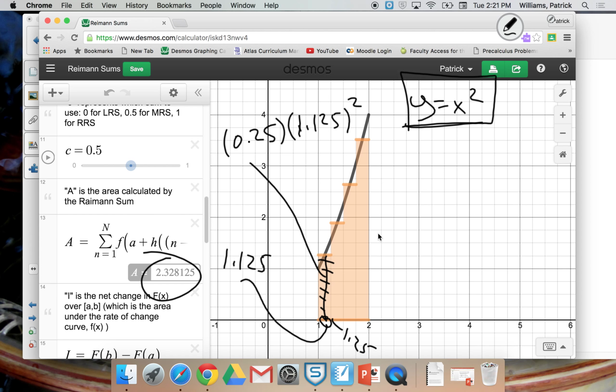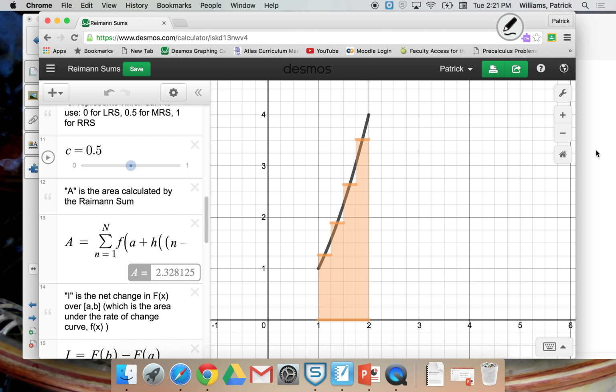Now, there's one more important thing about Riemann sums, and that's that, as you notice, a Riemann sum is only going to give you some approximation of the area under the curve, and that approximation can actually be what we call an over approximation or an under approximation. So let's look at this left Riemann sum on this function we just looked at.